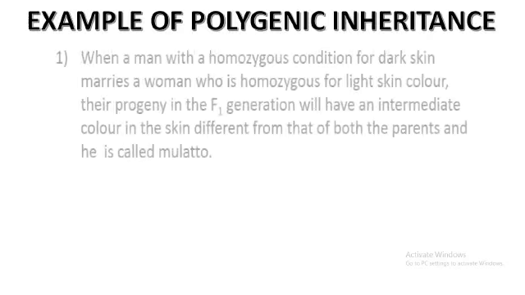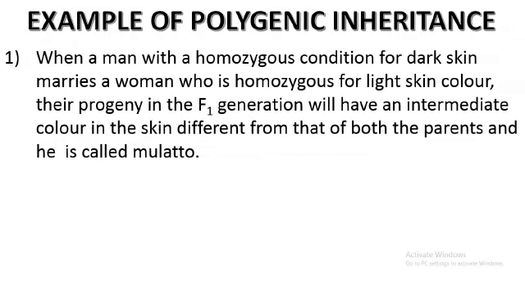So let us try to see what happens when a man homozygous for dark skin marries a woman homozygous for light skin, that is, a black man marries a white woman. In F1, the skin coloration will be intermediate, that is, they have 50% of the genes of the father and 50% of the genes of the mother, so they will be of intermediate color, and they are called mulattoes.